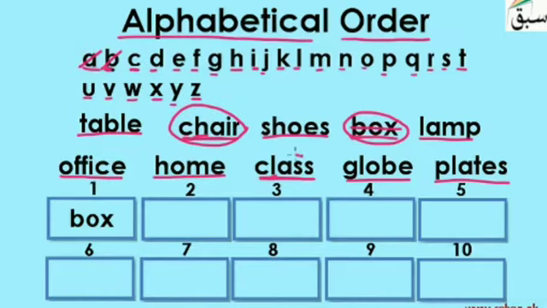Now there are two words starting with letter C. In these words, we will find the second letter of these words.